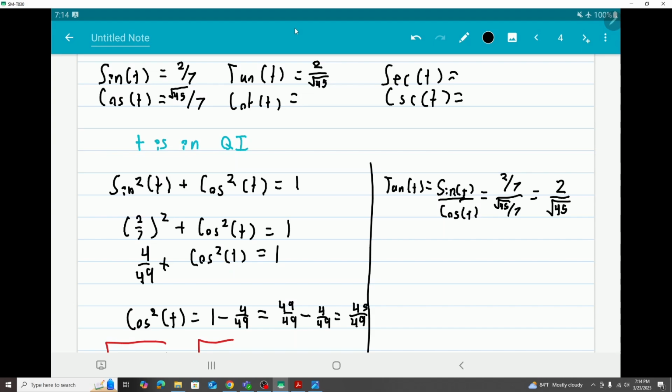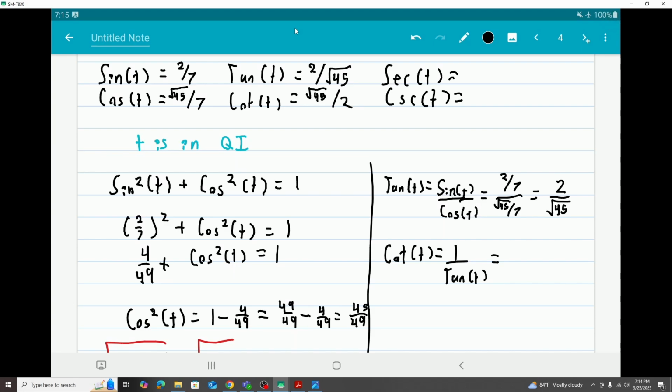Once I have that, then the easier way to find cotangent is to just flip tangent. And so here you could literally just at this point in the problem, if you showed me where you got tangent, I'd be fine with you flipping it.